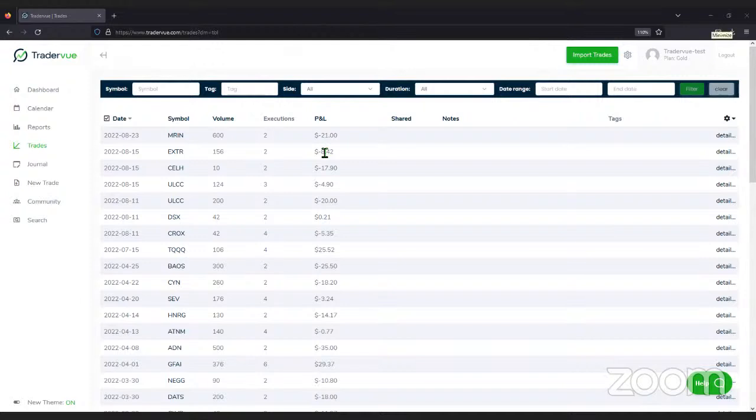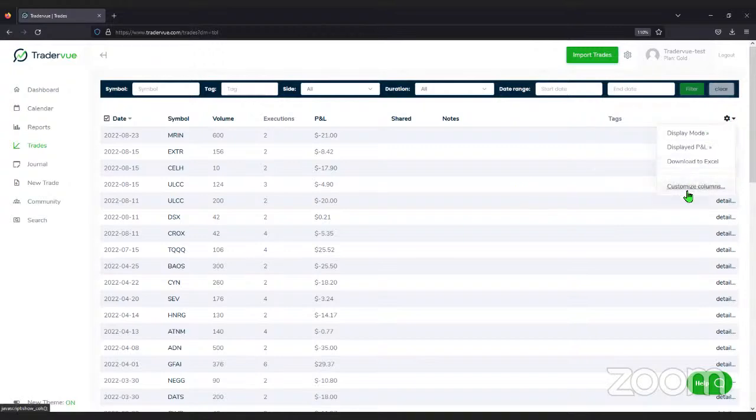But in the Excel that you download, you will get multiple different columns that you don't get from the CSV file. That's for people that want to get a little deeper into their results and crunch numbers in a more customized way. But Tradervue is supposed to do all of that for you, basically.